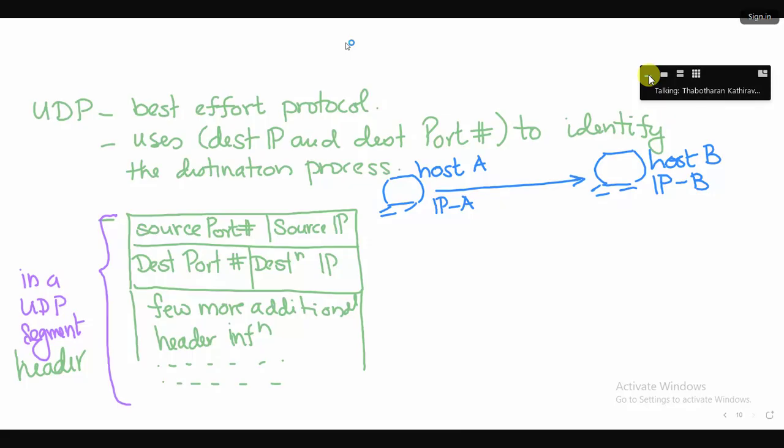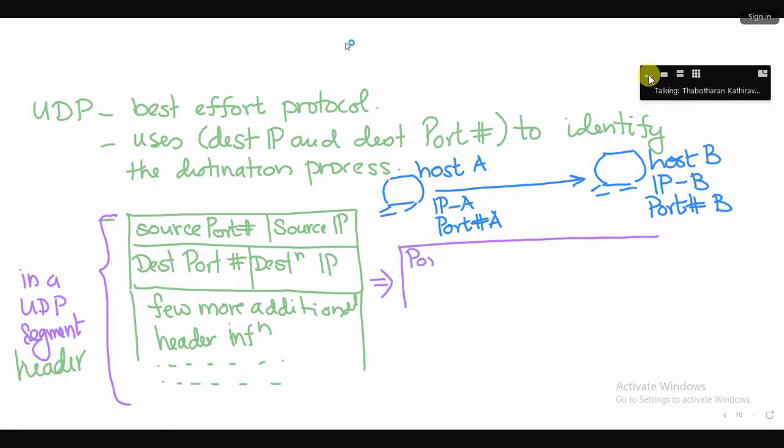Similarly, a port number in A, port number B. So when the segment is created, it is represented like this.